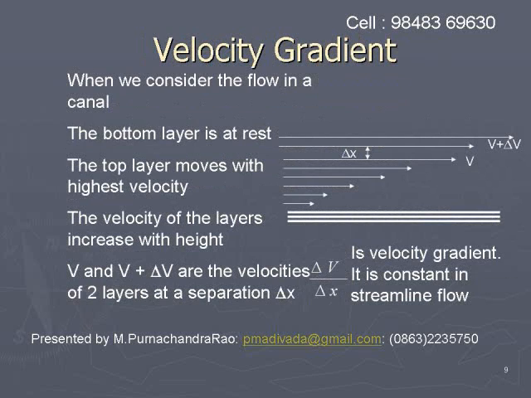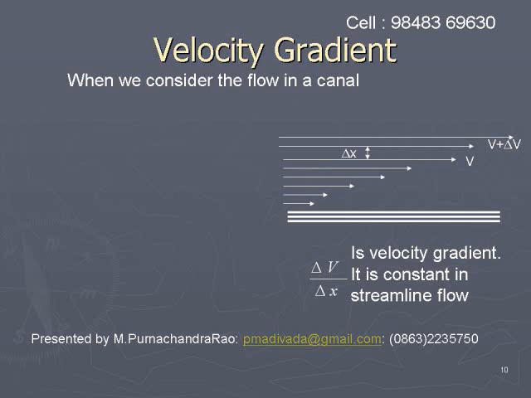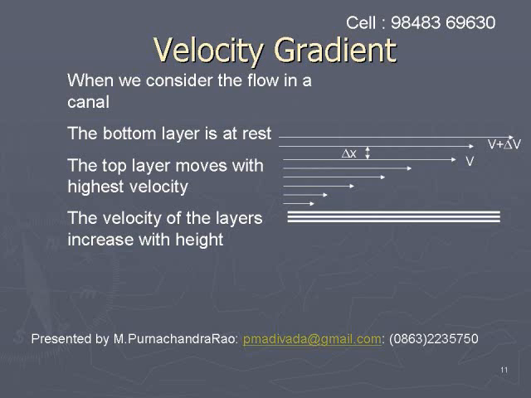Velocity gradient. To understand this concept, let us imagine the flow of water in a canal. If we imagine the water flow as consisting of different layers, the bottommost layer, which is in contact with the ground, can be considered to be at rest, and the topmost layer moves with the highest velocity.